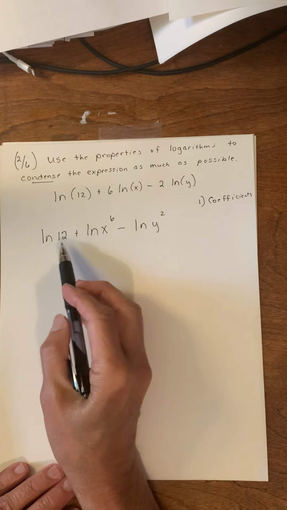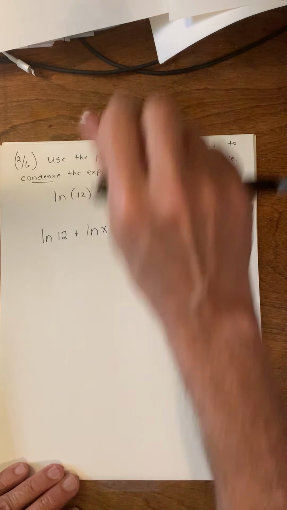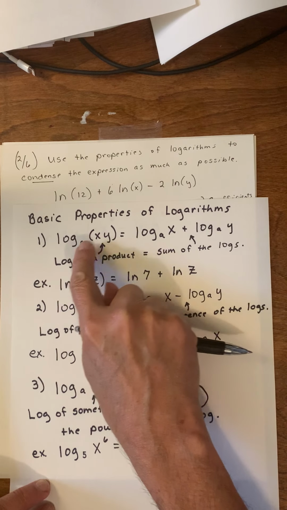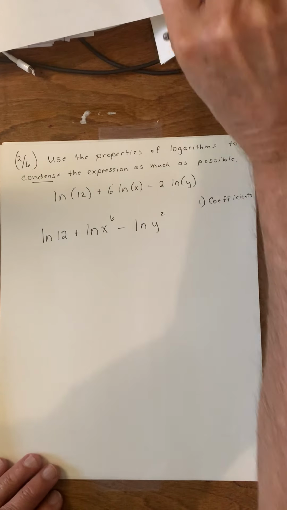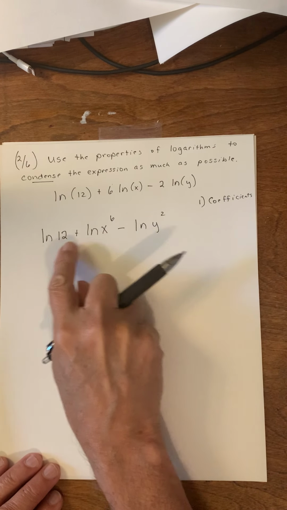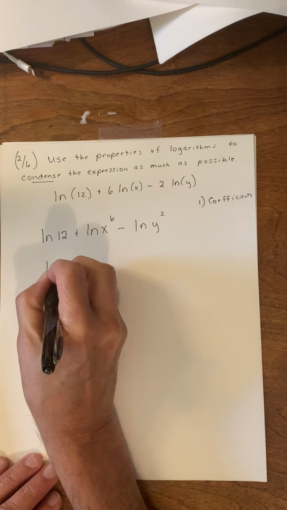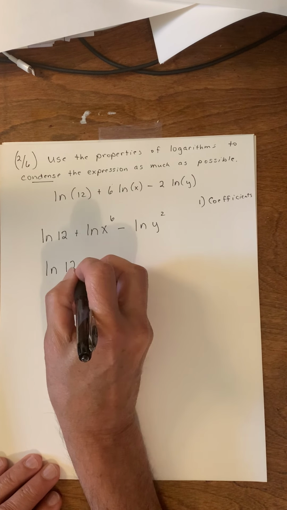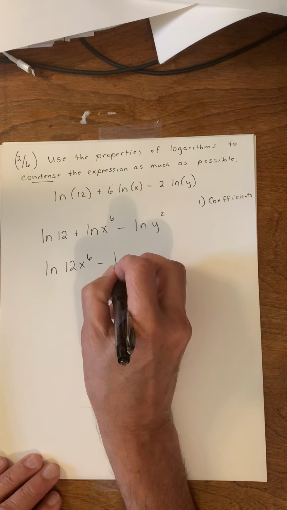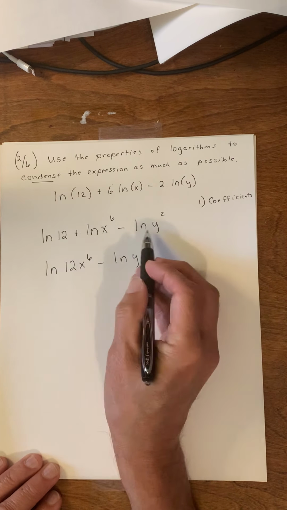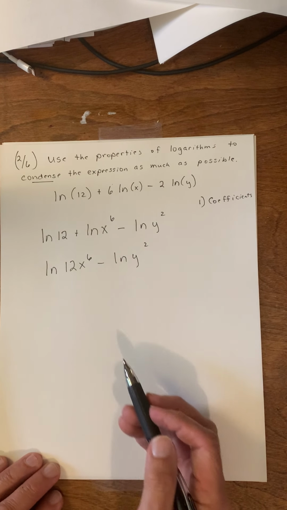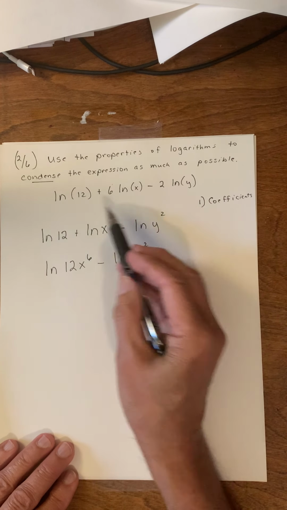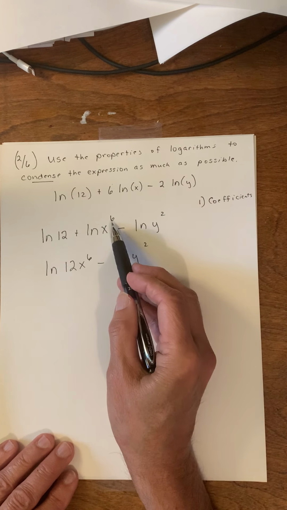All right, check this out. I've got the sum of two logs. The sum of two logs is the same as the log of a product. So I can condense the sum of two logs as the log of the product of these two things. Now, some of you are probably going to think of doing this all in one step. You can, but I'm doing it one step at a time. So I dealt with my coefficients right here and here, changed them to exponents.